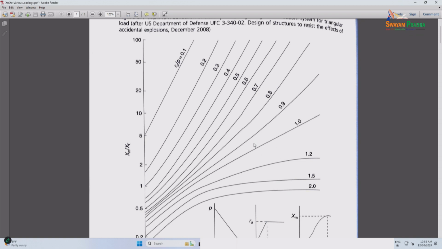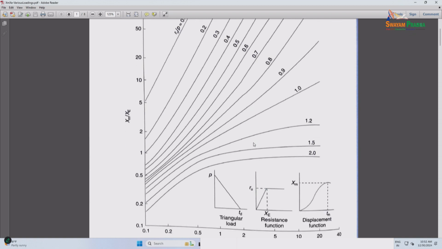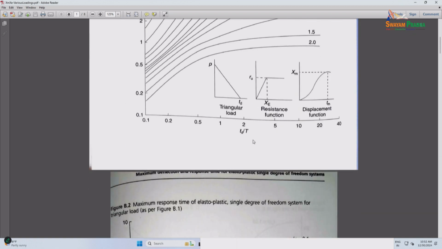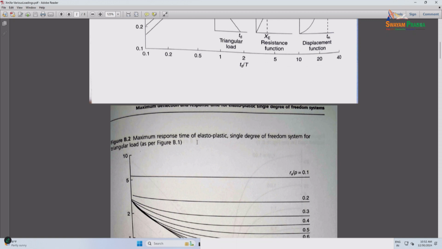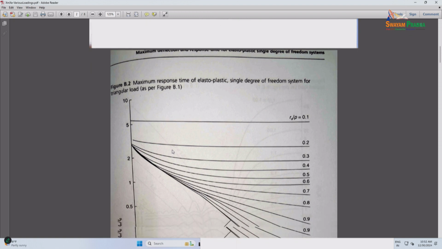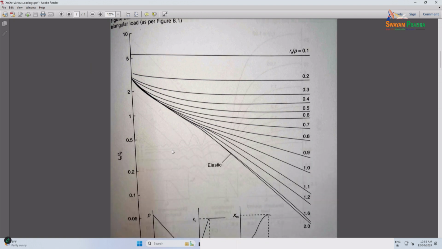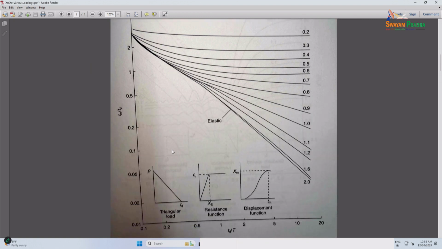What this also has is the maximum response time for a triangular load. We haven't looked at the response time so much. This is Tm by Td, the time to where you get the maximum response.